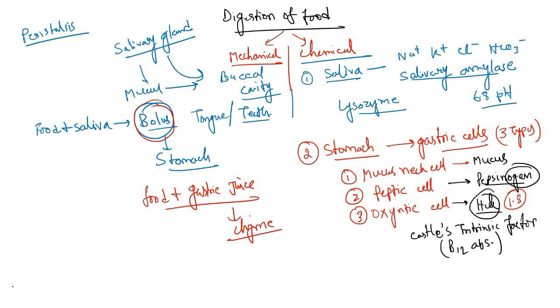And on the other hand, remember I told you 2 things: the bicarbonate is there, which moves along with the food into the stomach, and the mucous neck cells produce mucus. So mucus and bicarbonate both provide protection to the stomach lining. Very, very important. Otherwise, the stomach's acid could itself damage it, but never does.